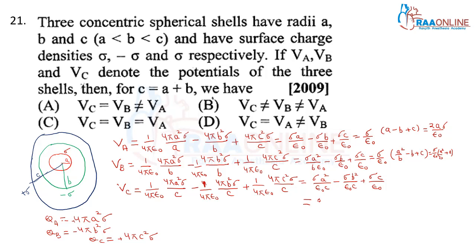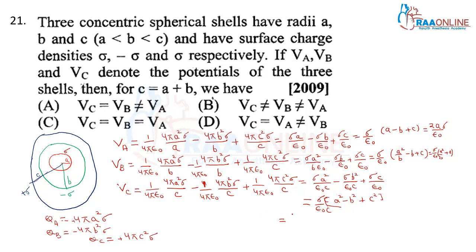Take σ upon ε₀c common. σ upon ε₀, c we can take common. So what we are getting? a² minus b² plus it will become c².